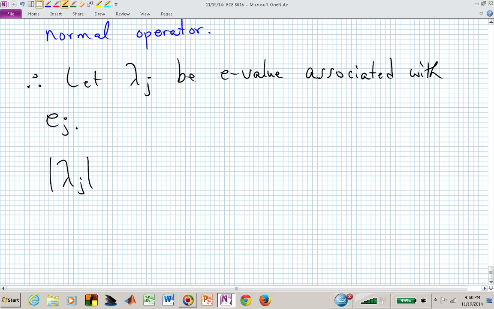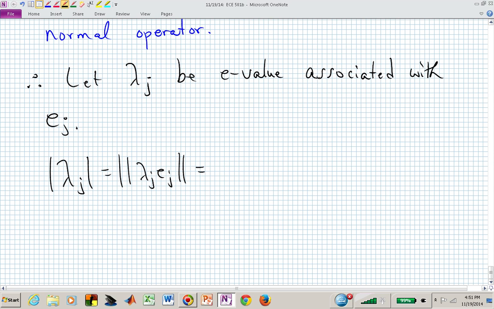And let's just take the absolute value of lambda sub j. That's equal to the norm of the scalar lambda sub j e sub j, since e sub j is normalized to 1.